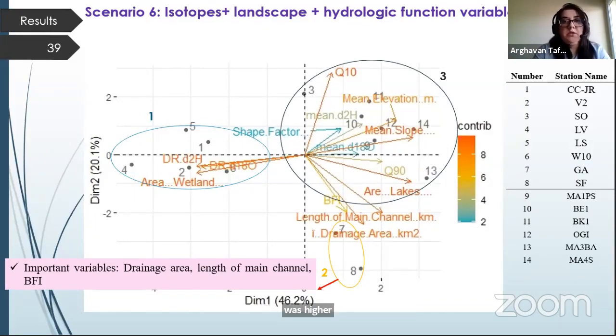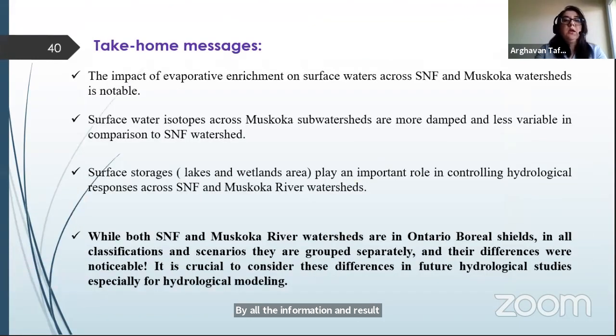By all this information and results that I explained, the take-home messages of my research are that the impacts of evaporative enrichment on surface water across SNF and Muskoka watersheds is noticeable, and surface water isotopes across Muskoka subwatersheds are more damped and less variable in comparison to SNF watersheds.